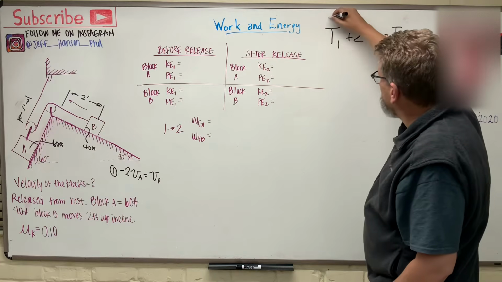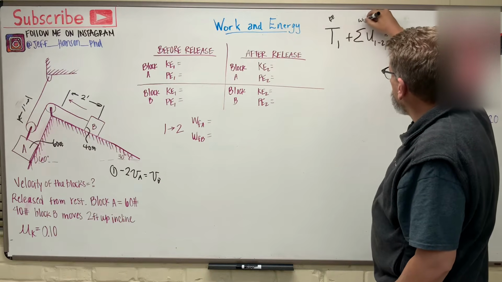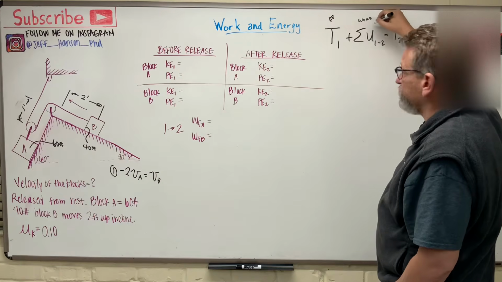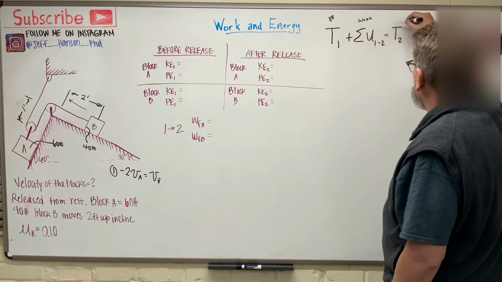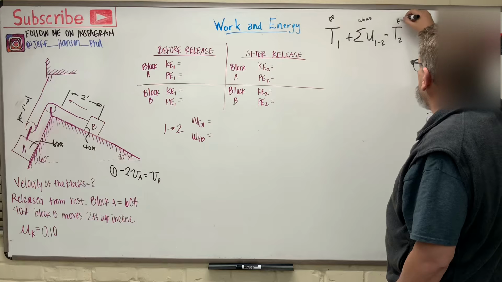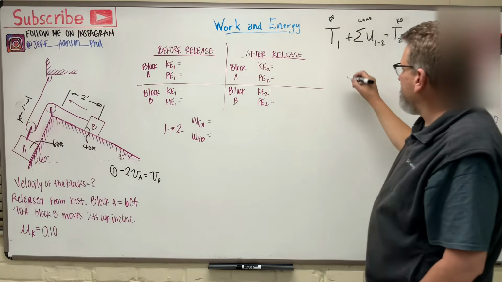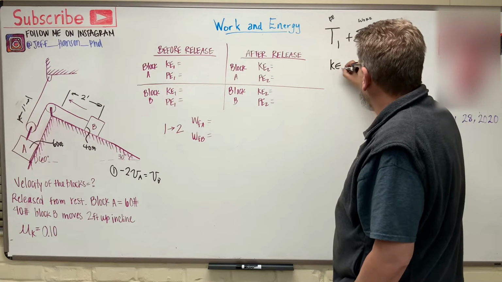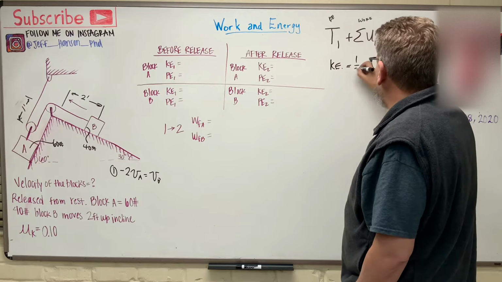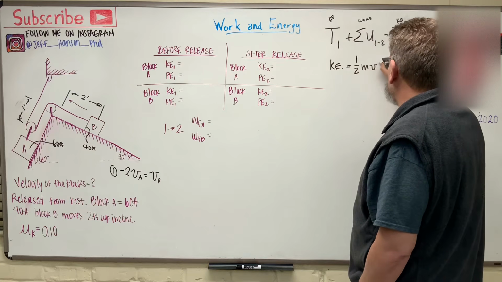So this is kinetic energy. This is work, which is potential energy, plus all the potential energies. And then this guy over here, again, kinetic energy. And kinetic energy is equal to 1/2 mv squared.